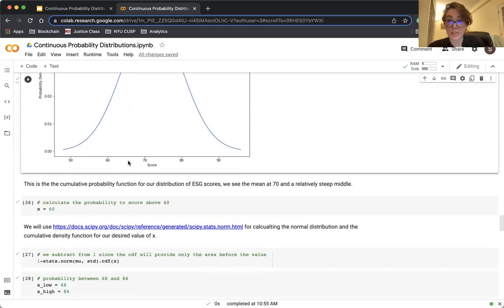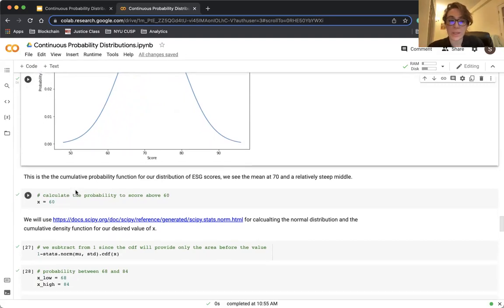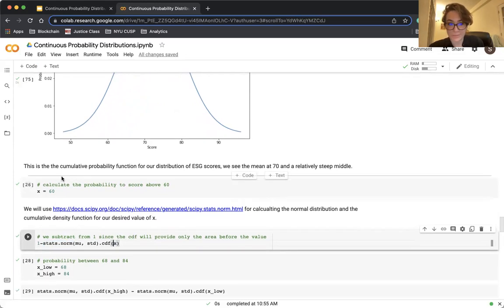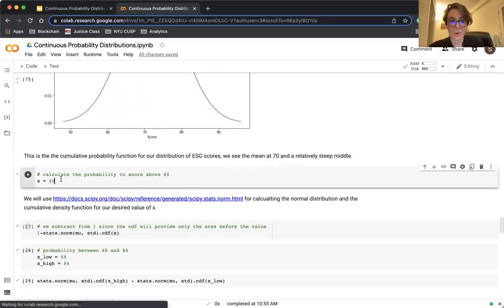So rather than using the table and using that z-score conversion that we walked through in the slides, we will use this stats package from the normal distribution and calculate the cumulative density function for this value. So the value we're looking to calculate for x is 60.